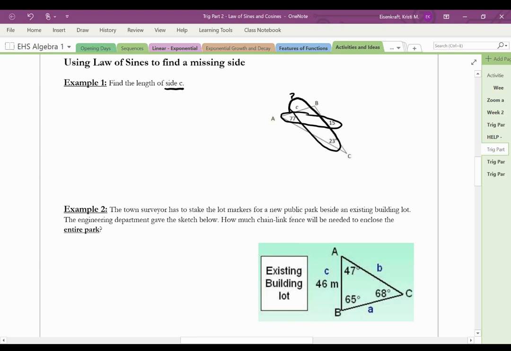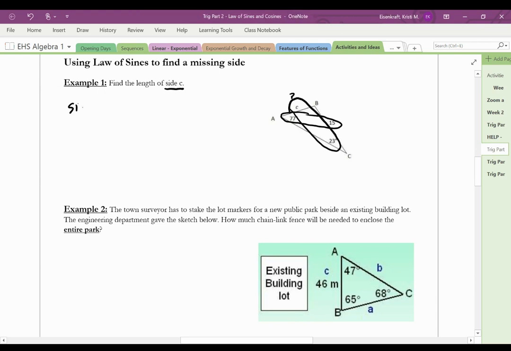So I'm going to use this proportion and then this proportion. One way to think about it is in a proportion, you have 4 pieces of information and only one should be unknown. So right here I have 3 known pieces of information and 1 unknown piece of information. So I'm just going to set this up.